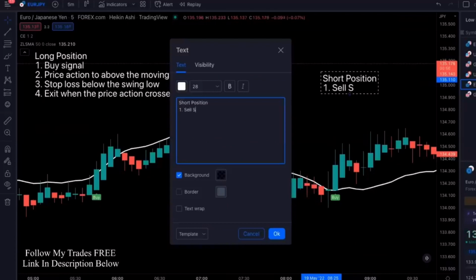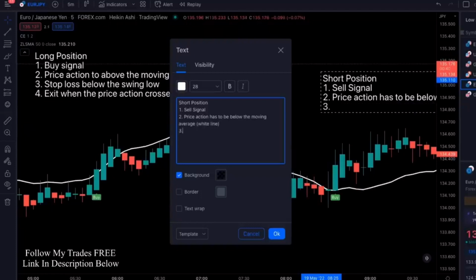All right. So now on the short position, first you wait for the sell signal. Second, price action has to be below the moving average, which in this case is the white line. And then the stop loss is above the latest swing high.